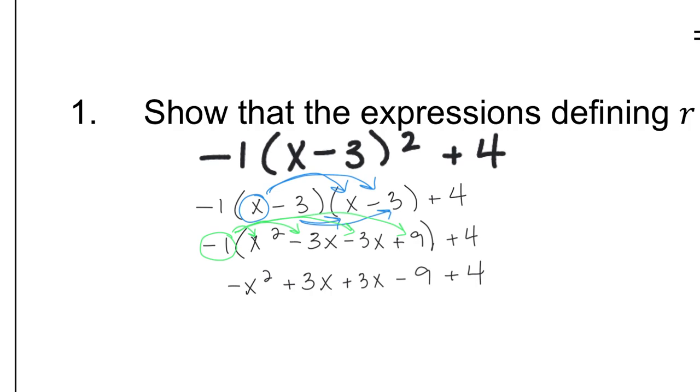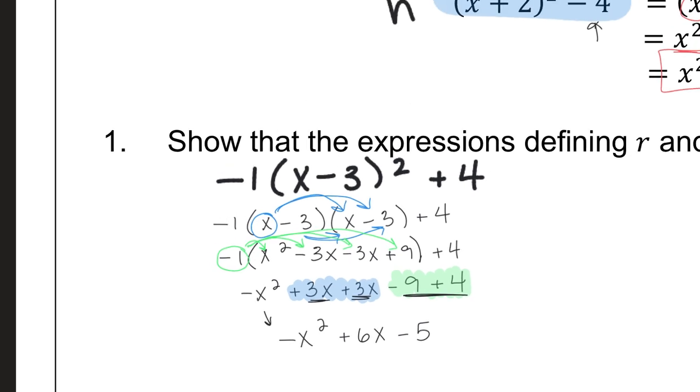Now we can go ahead and combine our like terms. So we have these two x terms that can be combined and these two constants. So we have the negative x squared. 3x plus 3x gives me a plus 6x. And then negative 9 plus 4 gives me negative 5.